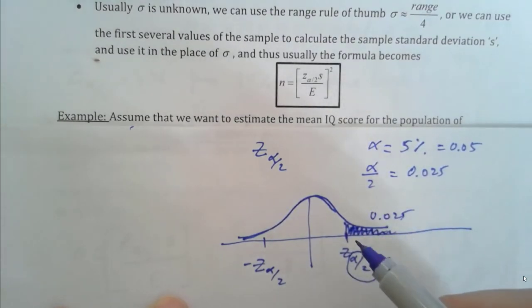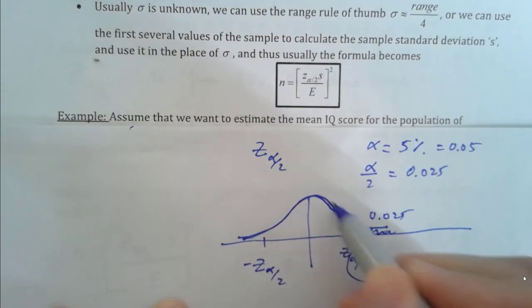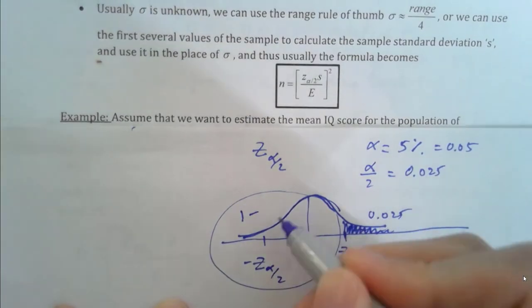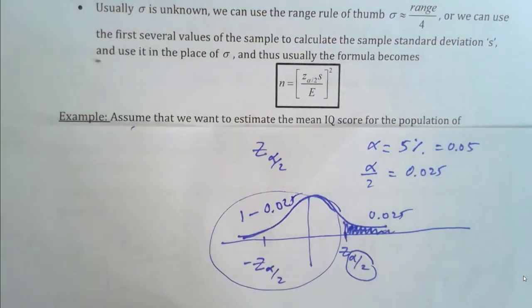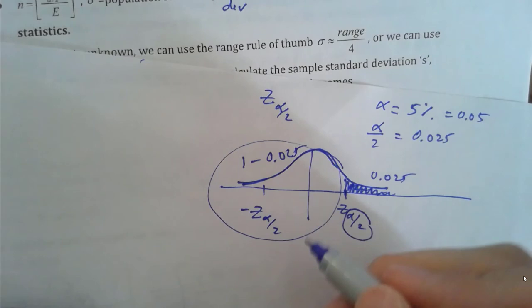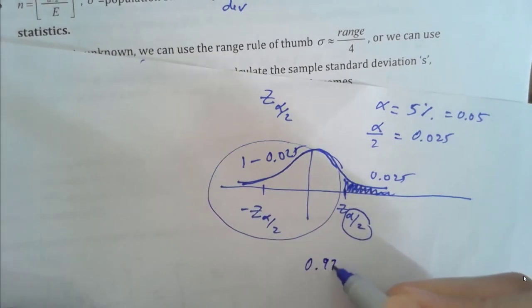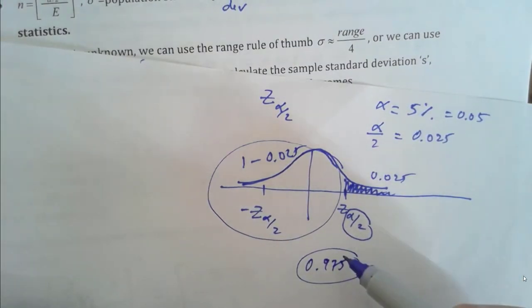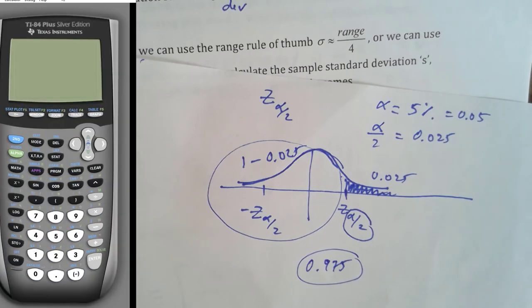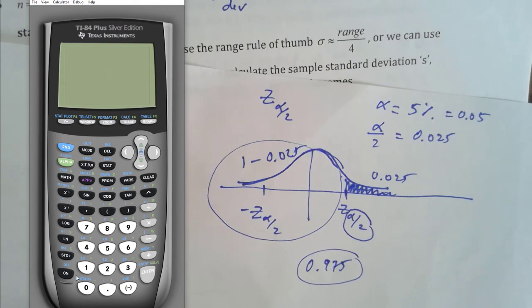Now to find the area of the rest over here, we get 1 subtract the area to the right, 0.025. If I do that, I get 1 minus 0.025, or 0.975 for the left area of this value. And we can then use the inverse function on the TI-84 to help us find that z value.